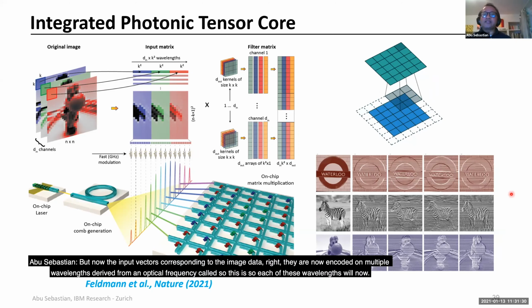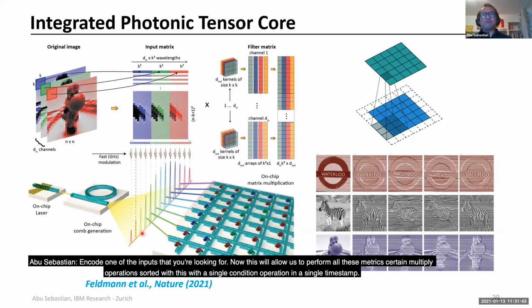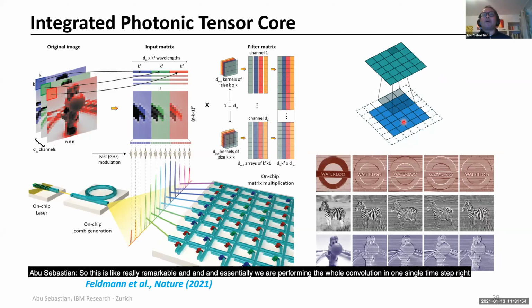But now the input vectors corresponding to the image data, right? They are now encoded on multiple wavelengths derived from an optical frequency comb. So each of these wavelengths will now encode one of the inputs that you're looking for. Now, this will allow us to perform all these matrix vector multiply operations associated with a single convolution operation in a single time step. So this is really remarkable.